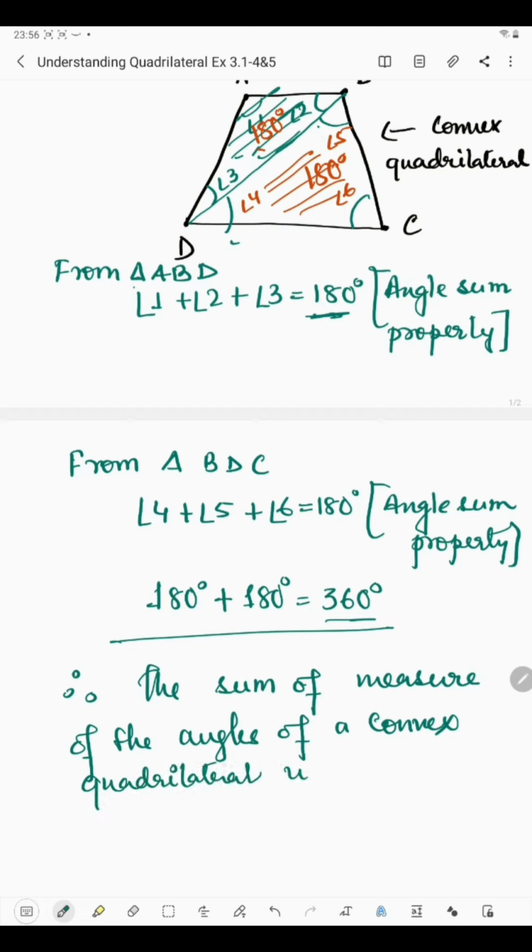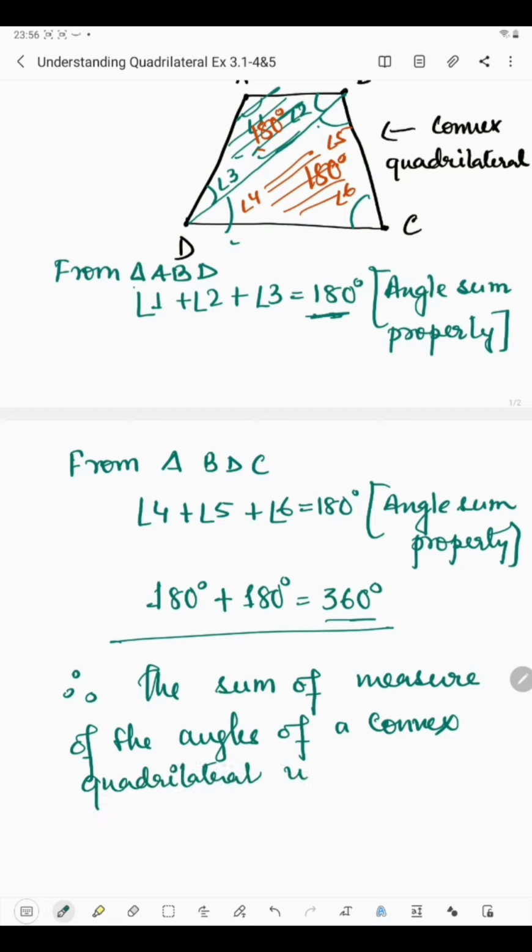Say this is 1, this is 2 and this is 3. So from triangle ABC, angle 1 plus angle 2 plus angle 3 is equal to 180 degrees. This is by the angle sum property.